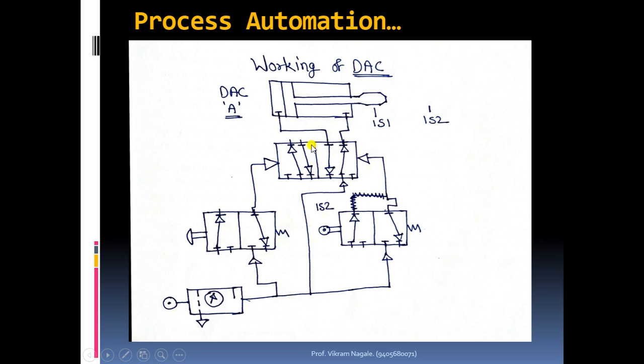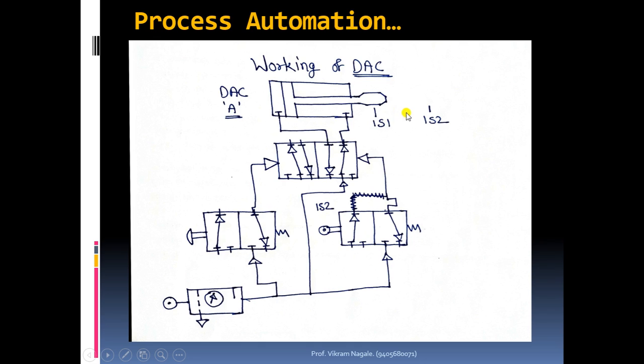So whenever this rod end is in between the 1S1 and 1S2 positions, no side will be in active condition, because whenever this cylinder is starting its forward journey, we will be releasing this push button, means there won't be pressure on this side.